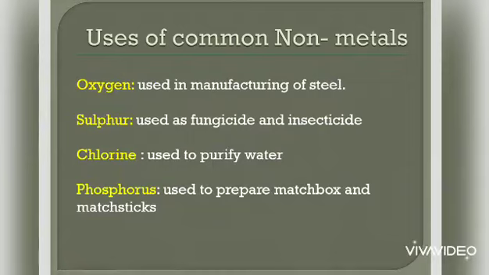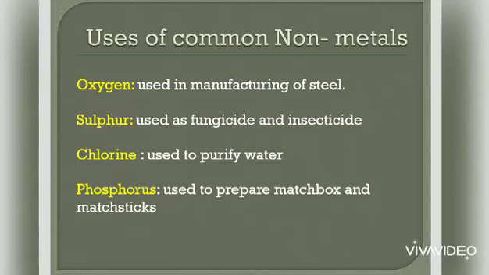Next is sulfur, which is used as fungicides and insecticides. Another important non-metal is chlorine, and we use chlorine to purify our water. The last example we will discuss is phosphorus, which is used to prepare matchboxes and matchsticks.